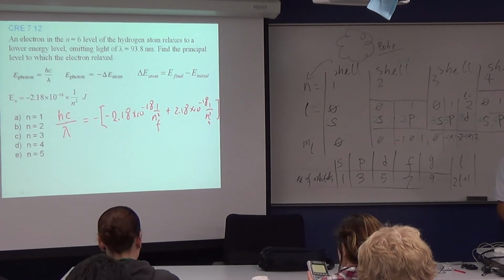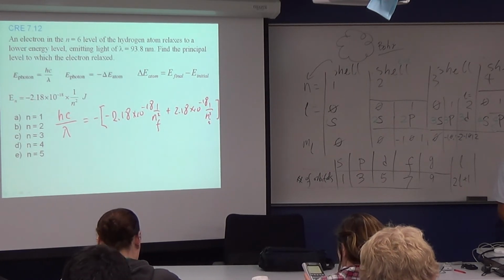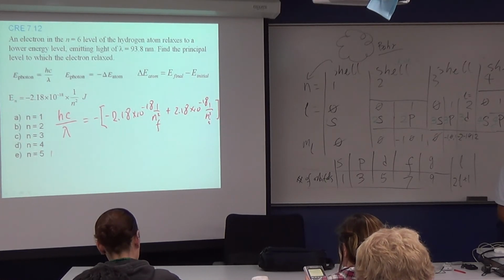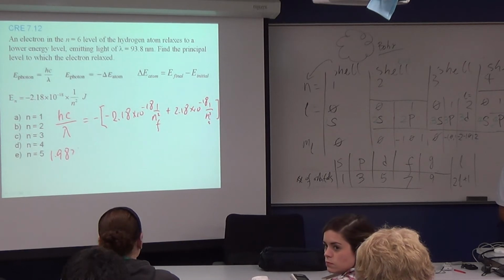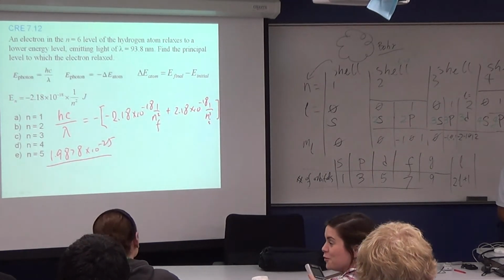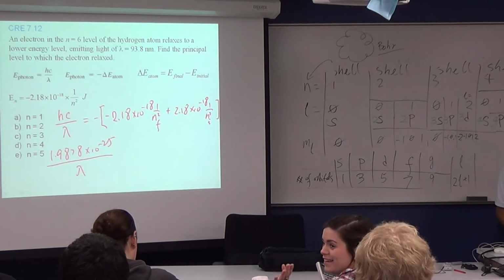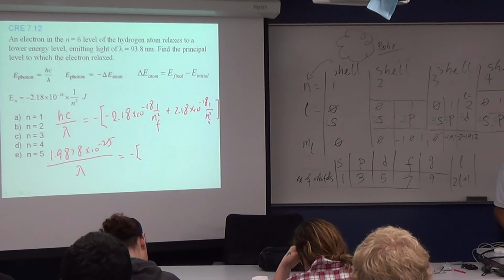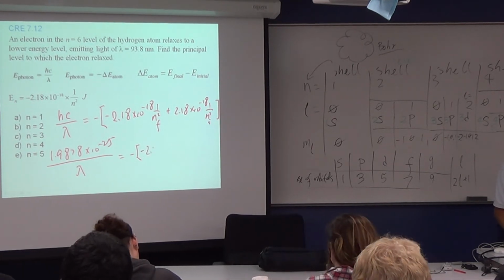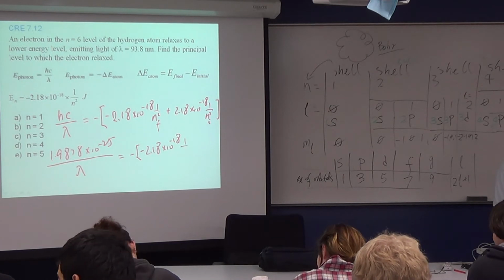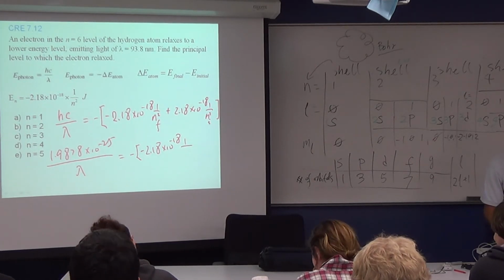If you want to memorize, you can memorize this equation. And the next step, you multiply the line from 9, 8, 7, 8 times 25, divided by lambda. Negative 2.18 times 10 to the negative 18. What is our NF?